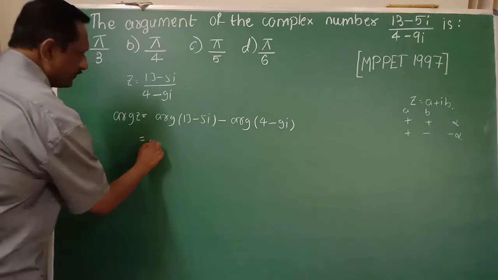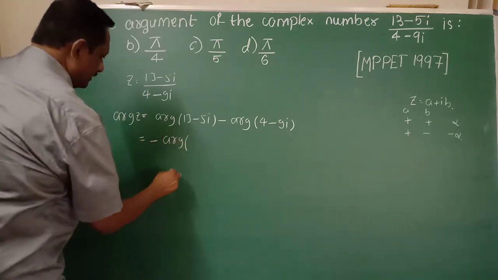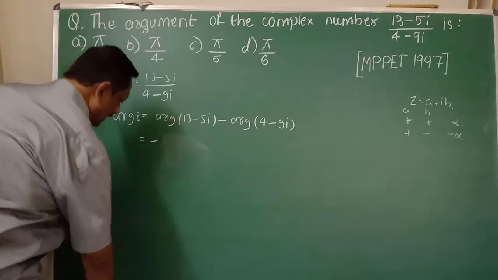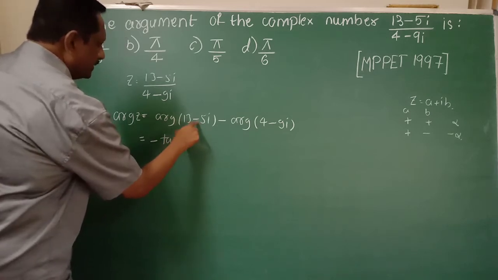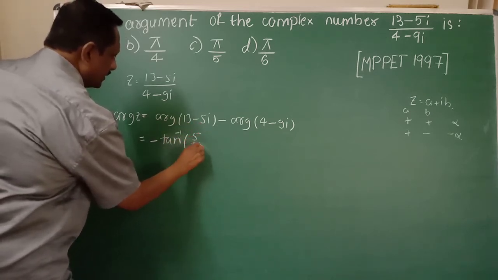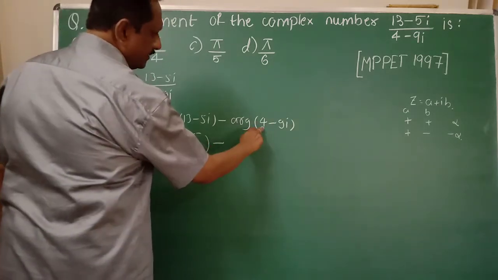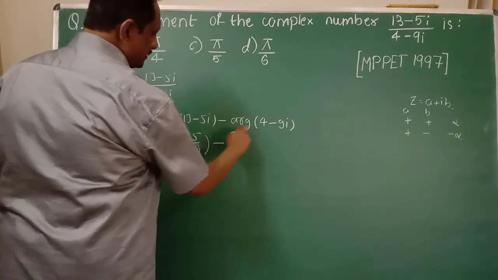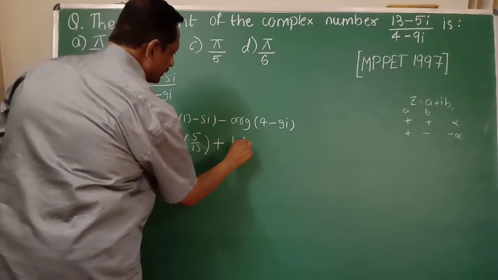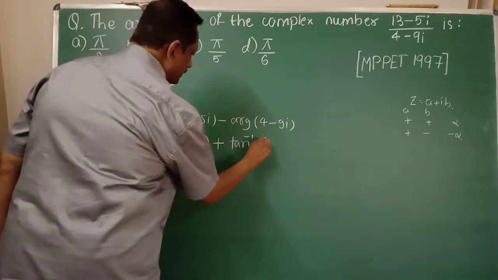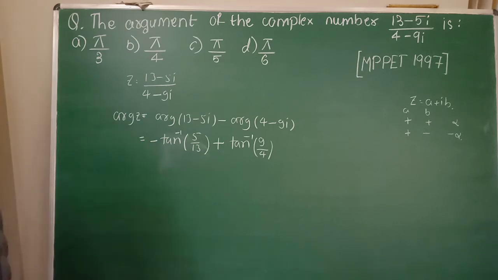Hence minus of, not argument, tan inverse of 5 by 13. So 5 divided by 13. Then a minus here. Even here positive and negative here. So minus of minus becomes plus here. Tan inverse of 9 upon 4. So tan inverse of 9 divided by 4.